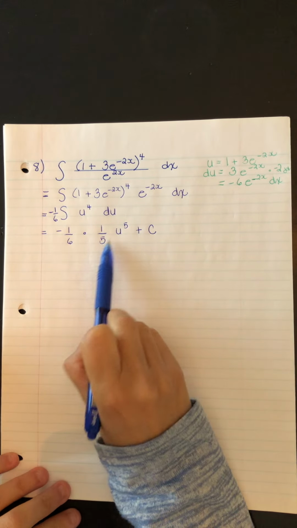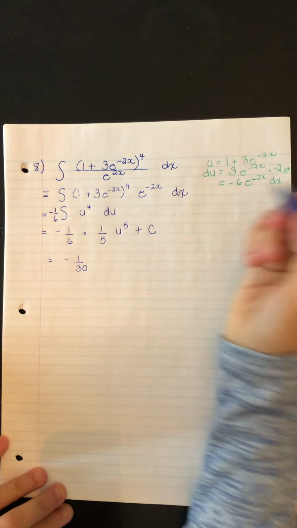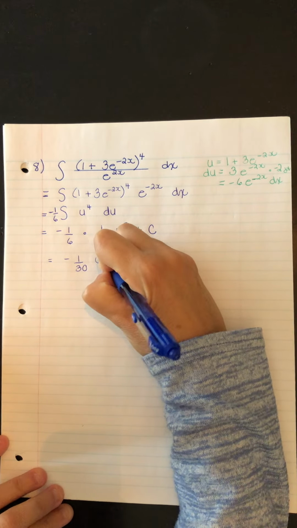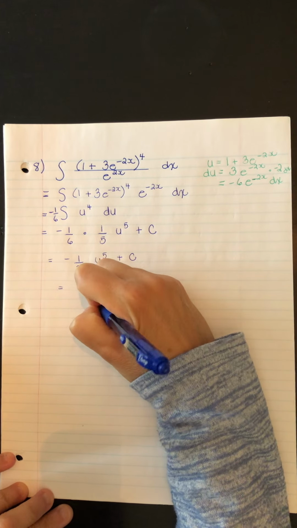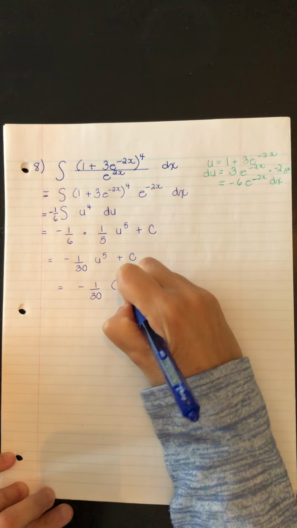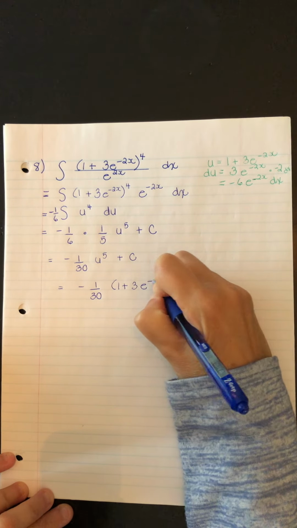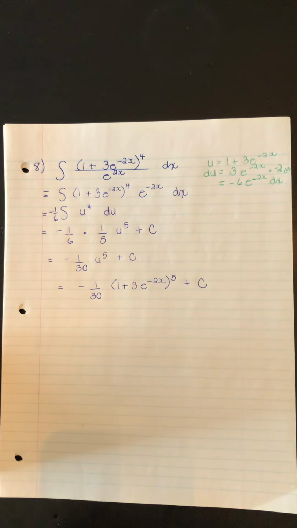So this is now negative 1/30 u to the 5 plus c. And last step, we need to replace u with the original binomial. And there it is. There's the final answer to our 8th example.